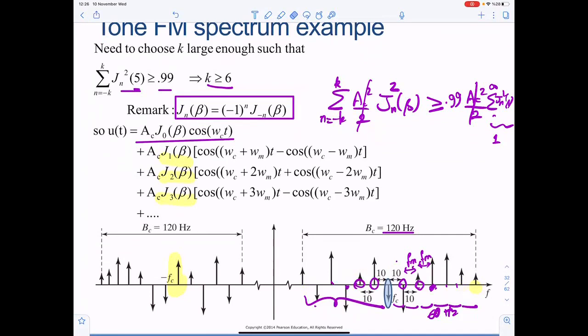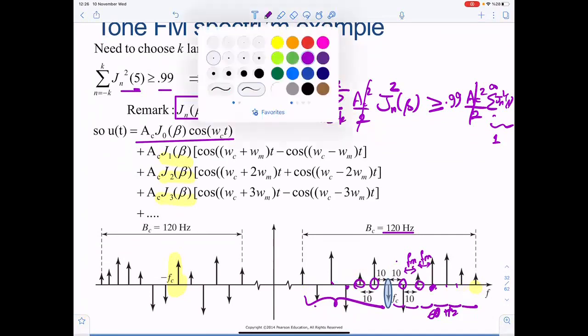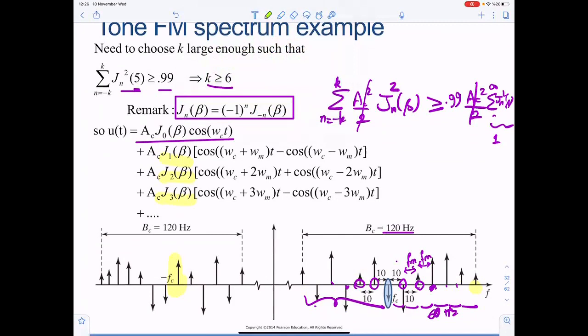So let me get another color. This is fine. This is fine. This is fine. This is fine. This is fine. I think this is okay. It looks good. Omega m was given to us.